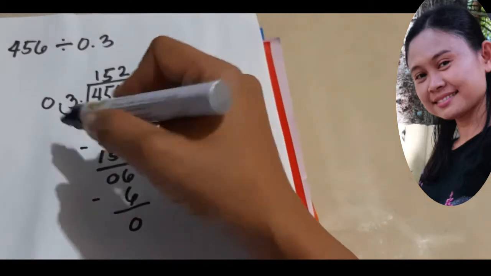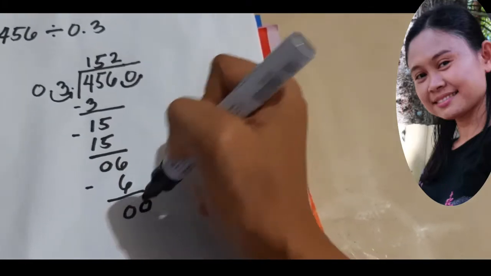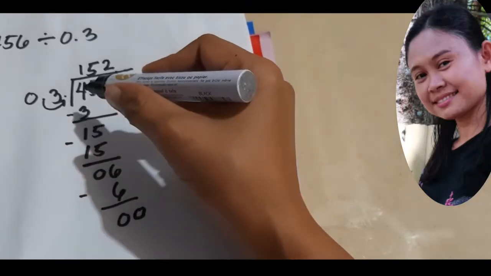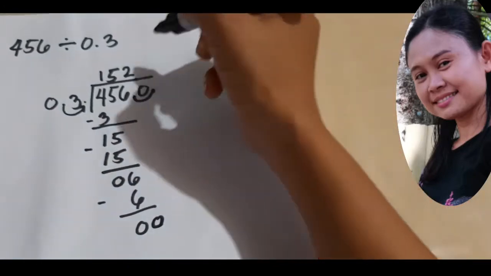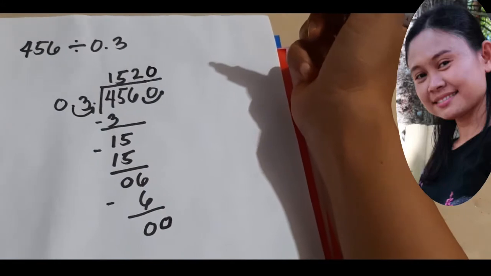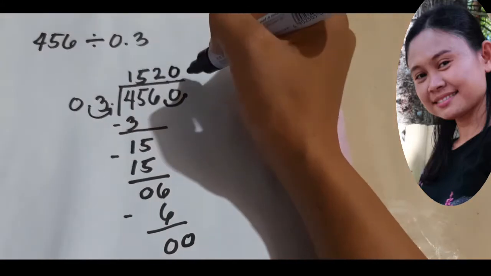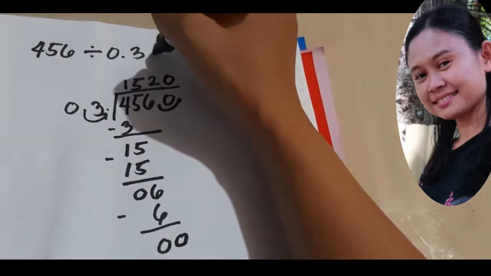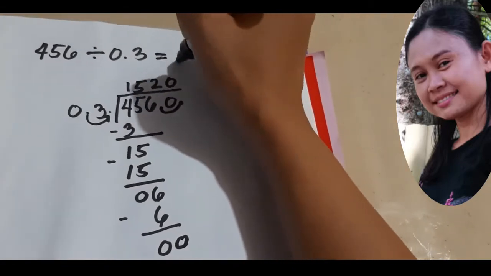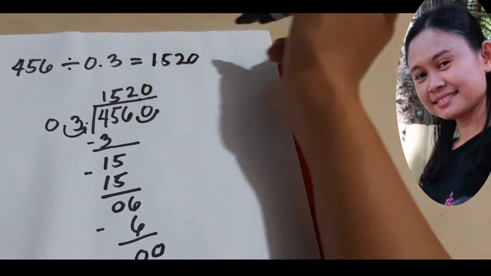Then 0 divided by 3, bring down 0, but 0 divided by 3 has nothing, so we need to place 0 here. So the answer is 1,520, or we place the answer here, 1,520.